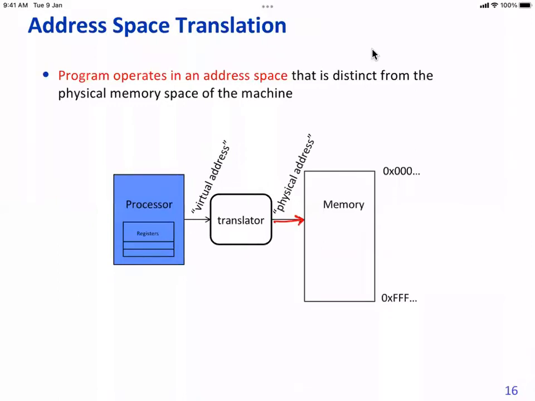So when you write a program and then it's compiled, it's in machine instructions. Then in the machine instruction, whatever addressing is there, that is a virtual address. And when its actual execution happens, this is translated on an instruction by instruction basis.